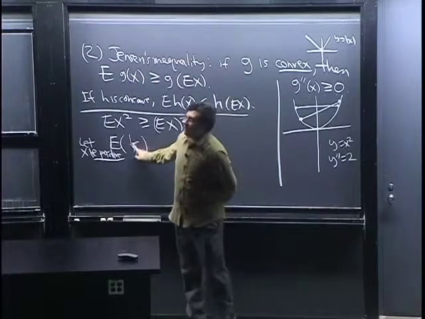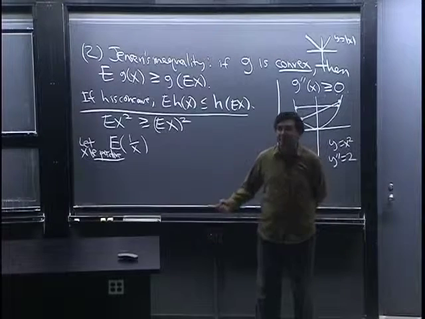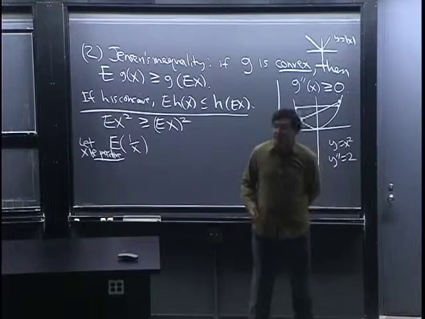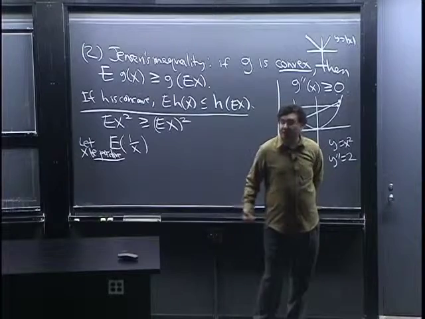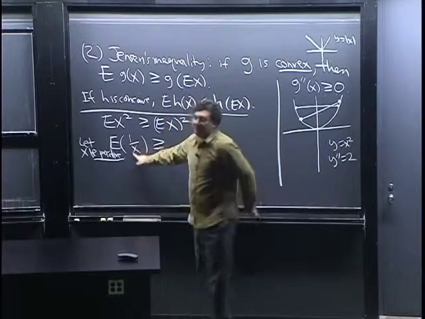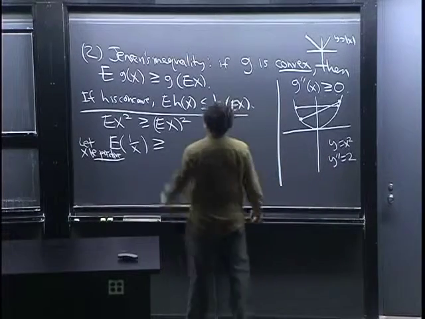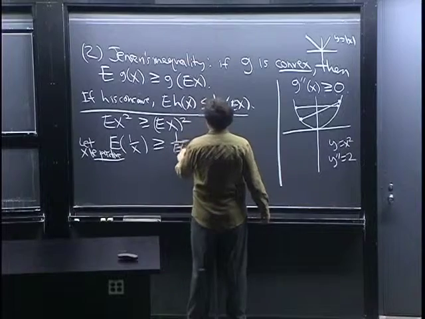That's x to the negative 1. So the first derivative is minus x to the minus 2, and the second derivative is 2 over x cubed. If x is positive, then 2 over x cubed is positive. So this is convex. As long as x is positive, it's convex, and this is greater than or equal to 1 over E of x.